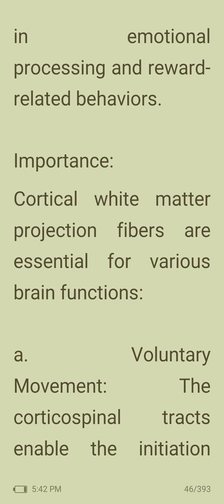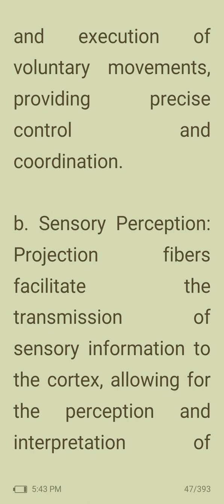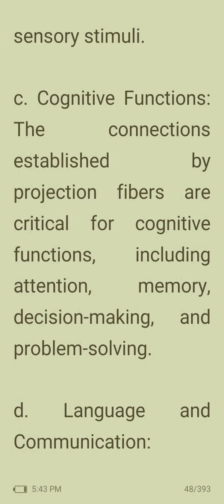Then importance. Cortical white matter projection fibers are essential for various brain functions like voluntary movement. The corticospinal tracts enable the initiation and execution of voluntary movements, providing precise control and coordination. Then sensory perception. Projection fibers facilitate the transmission of sensory information to the cortex, allowing for the perception and interpretation of sensory stimuli.